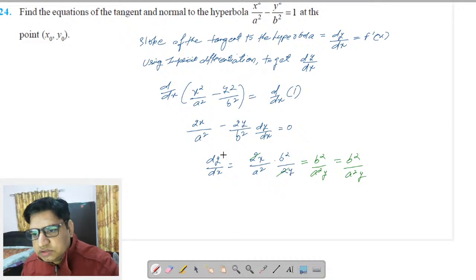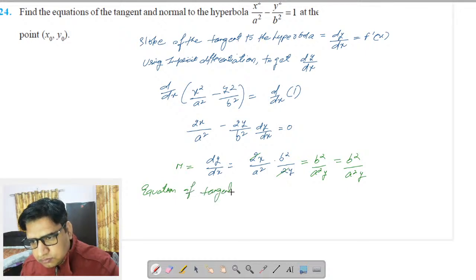So this is the slope of the tangent to the hyperbola, and we need to find the equation of the tangent to the hyperbola.